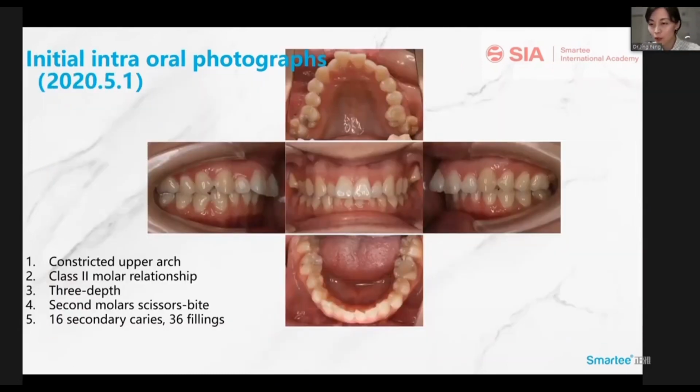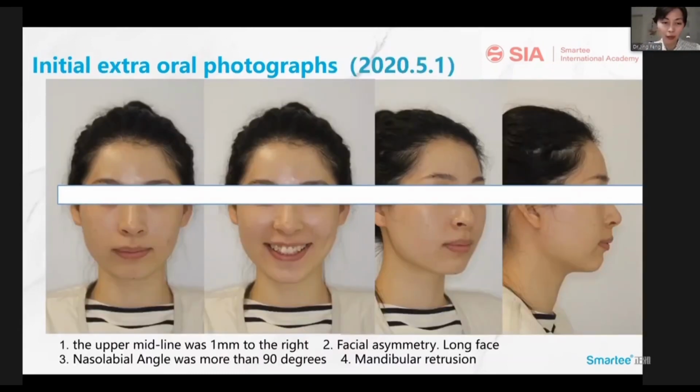Pay attention to this nasolabial angle. More than 90 degrees means the upper lip is not very protrusive. So the main problem contributing to this malocclusion is the position of the lower jaw.